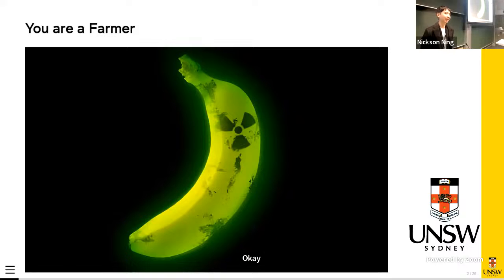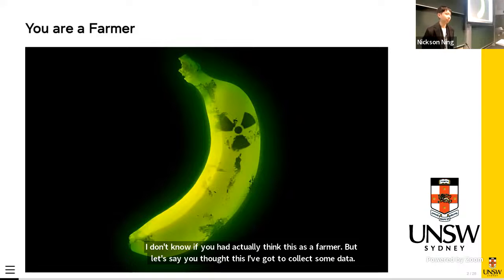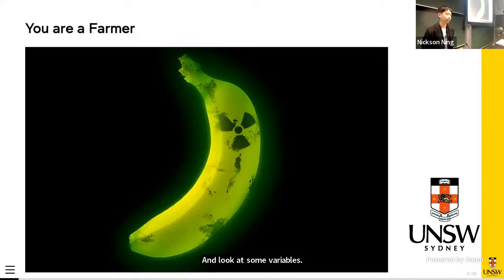I'm going to collect some data and look at some variables that I think might affect the radioactivity of my bananas, and hopefully gain some insight into which variables I can control to reduce the radioactivity of my bananas. So what would that process look like from a statistical modeling perspective?